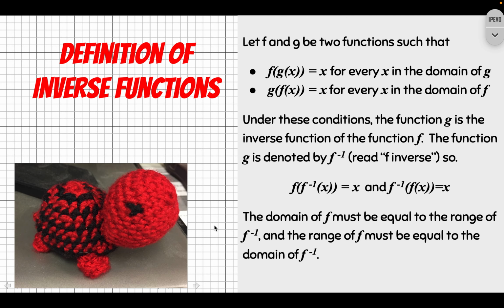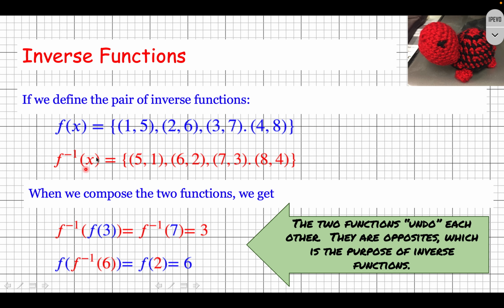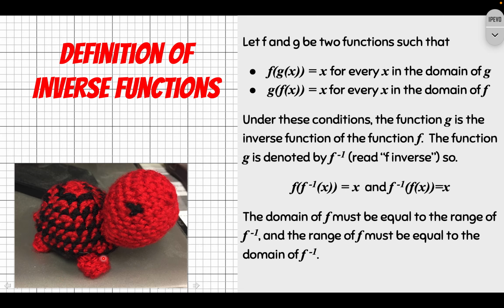Because if you go back to these functions, the domain of f is 1, 2, 3, 4. The domain of f inverse is 5, 6, 7, 8. So they'd have different domains. So you have to look at, for each domain, whether it still works. We have to consider both of those.